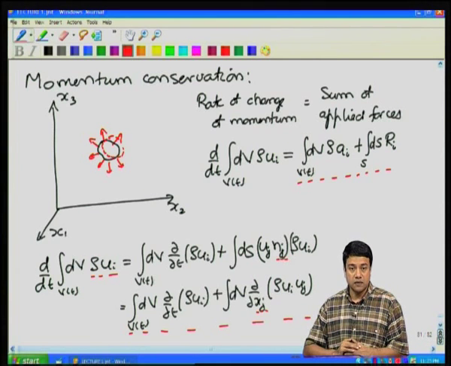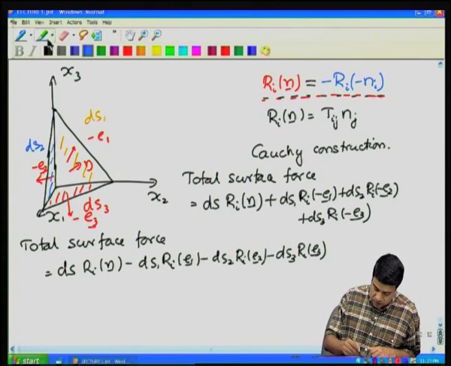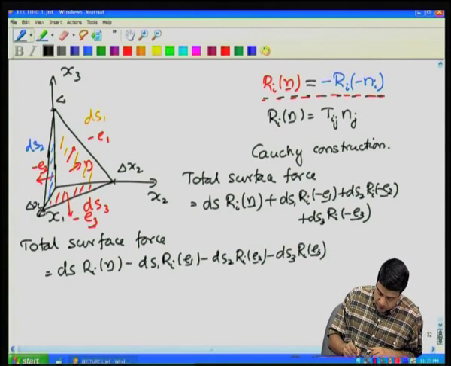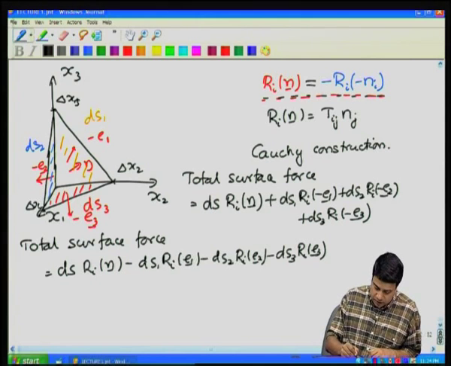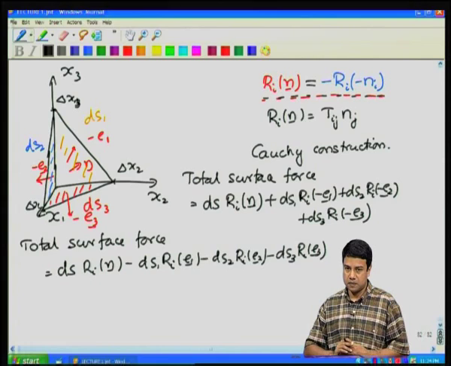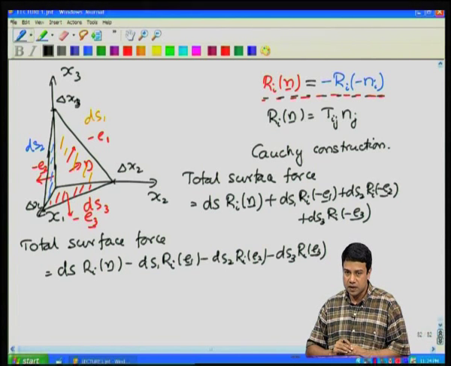Now, if you take the limit as these all go to 0, so this is delta x2, this is delta x1, this is delta x3. If you take the limit as these all go to 0, you can see that the volumetric terms, the rate of change of momentum as well as the body force, will decrease as the cube of the length, because the volume is proportional to delta x1 times delta x2 times delta x3.